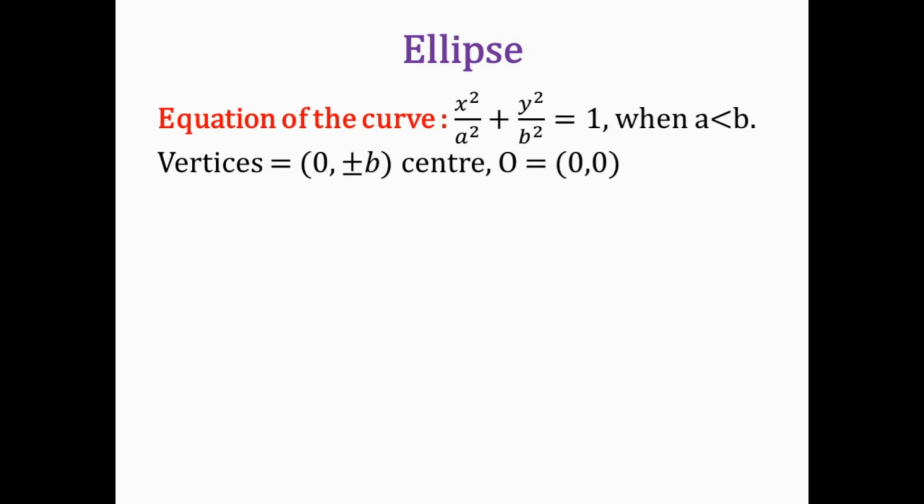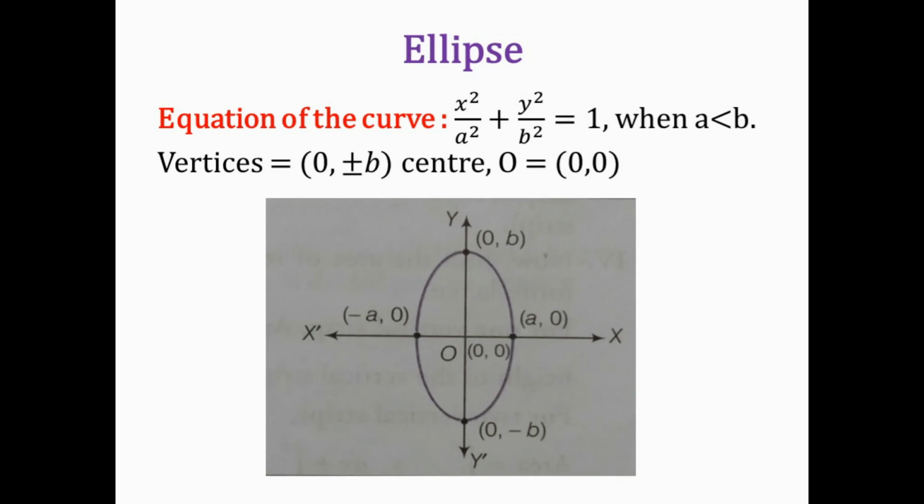So we will get a horizontal ellipse. Now, x square by a square plus y square by b square is equal to 1, and here the condition is a is lesser than b. We will get a vertical ellipse like this, a vertical one.